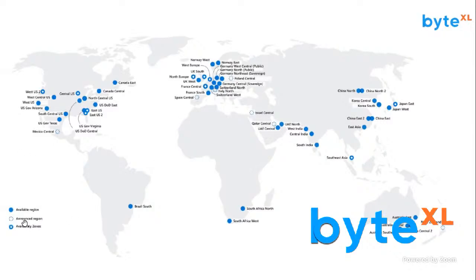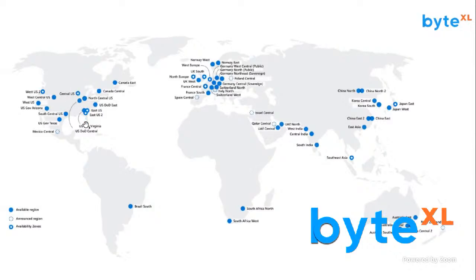Now one more thing you need to understand here is, on the blue dot, there's a white one, a star kind of. That is an availability zone. The zones are not everywhere, you can observe. If you look at the US part, the zones are there only in West US 2, East US, East US 2, and Central US.